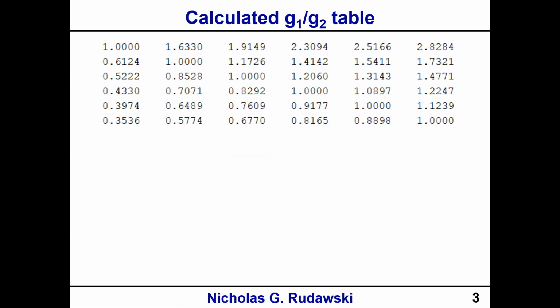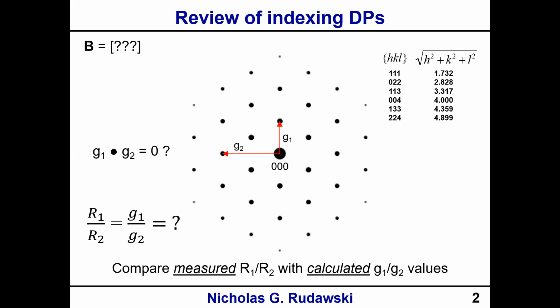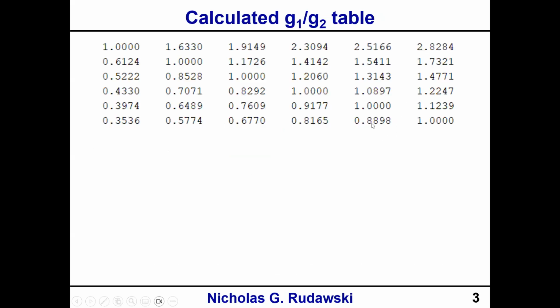So this is an example of a G1, G2 table that has been calculated, using the same 6 G vectors that we've put in the table. I want to spend some time going over this because I didn't do a very good job with this in the previous video. What we see here in this table is that we have 6 columns.